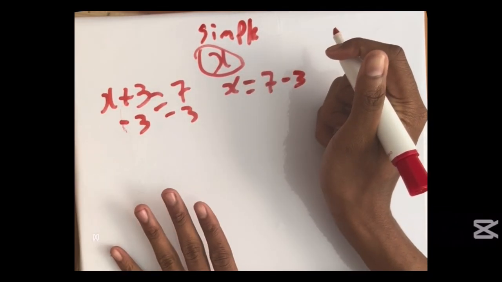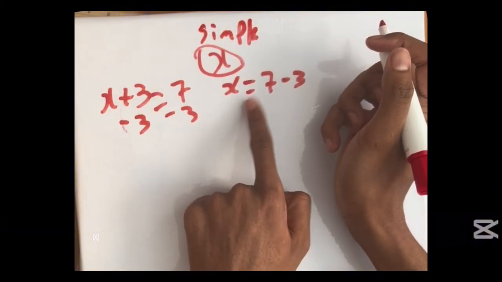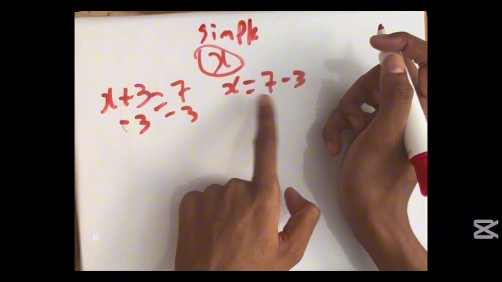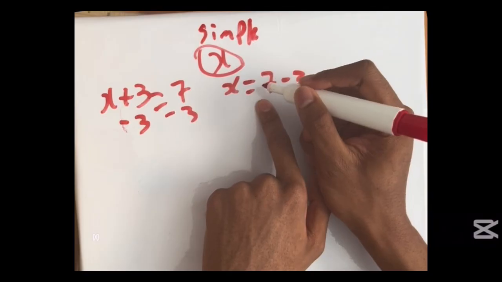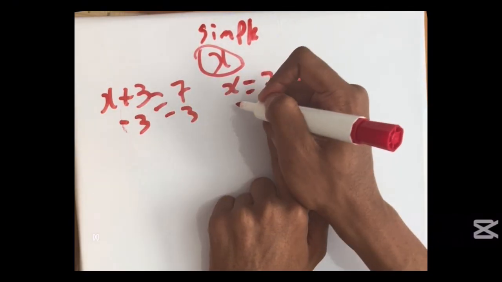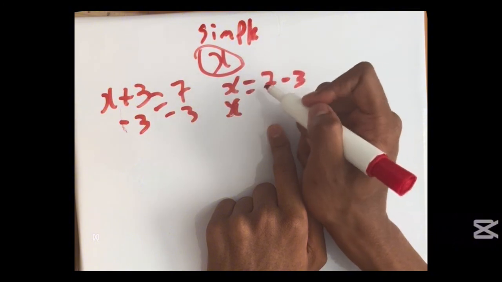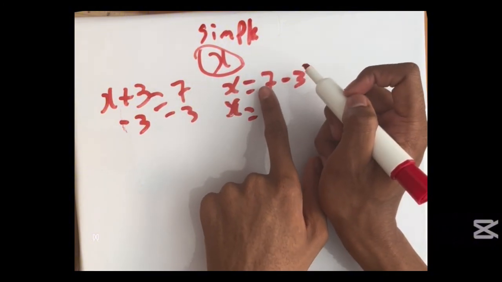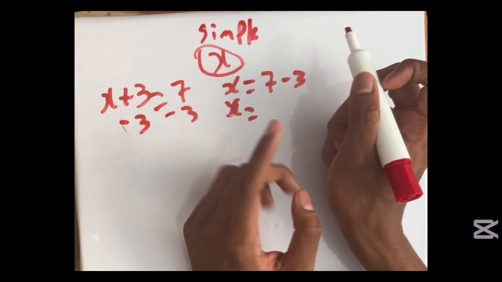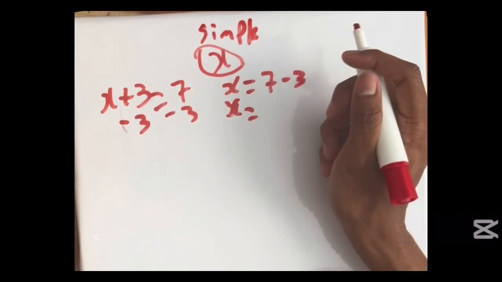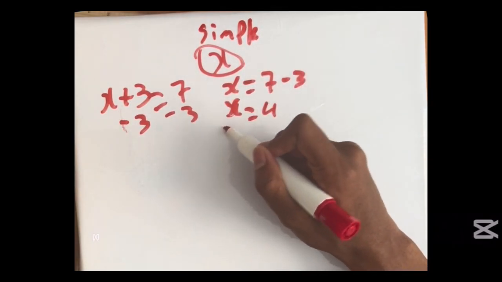As the sign rule said, with different signs you keep the sign of the bigger number and subtract the two numbers. The biggest number is the 7, which is positive, so you just do 7 minus 3. It's going to be 4. Simple.